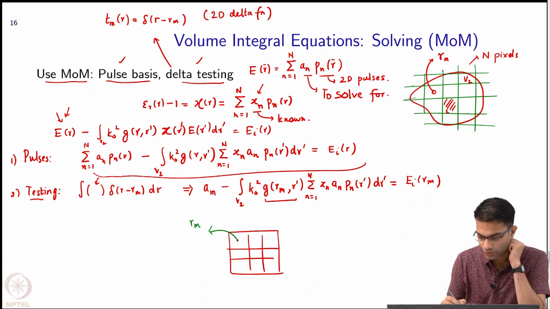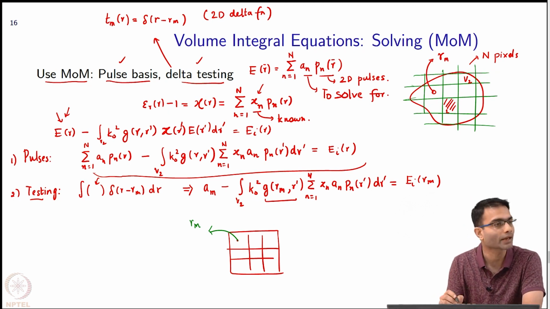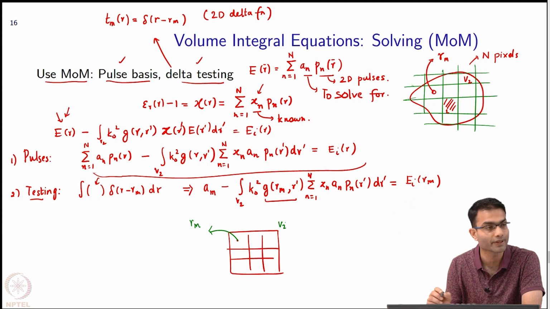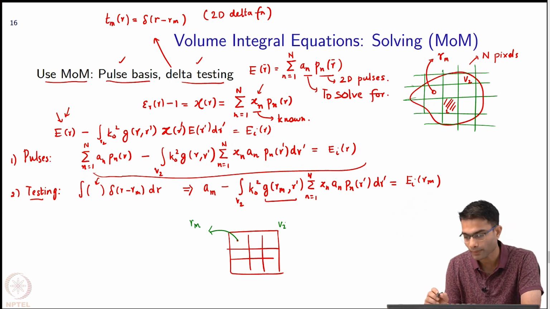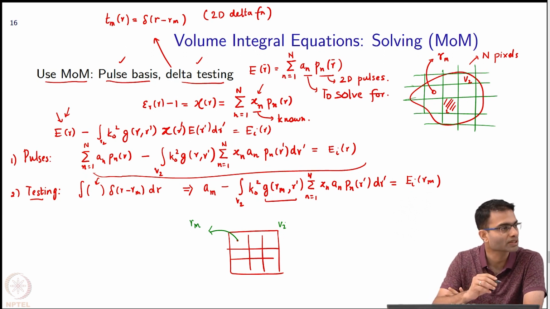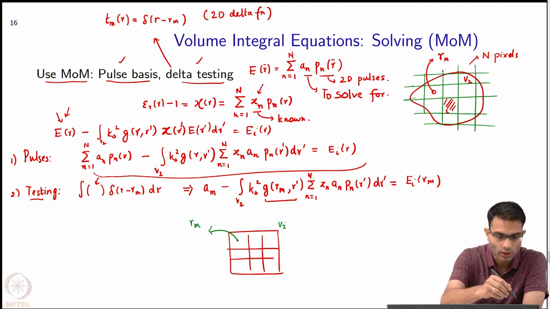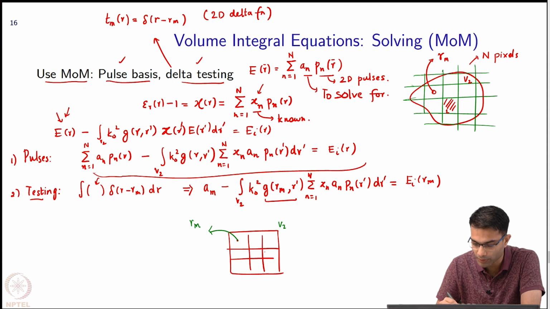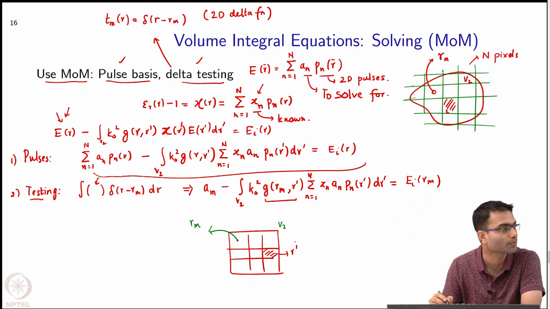Okay. So, what is this integral doing? This is an integral over the entire V2, right. This whole thing is my V2. And what am I doing? I am running over this entire region, keeping r_m constant. So, for example, r prime first let us say belongs to this, let us say this is the nth pulse.